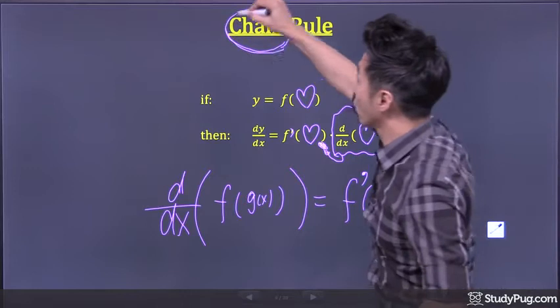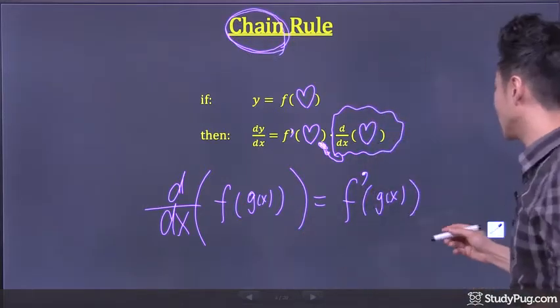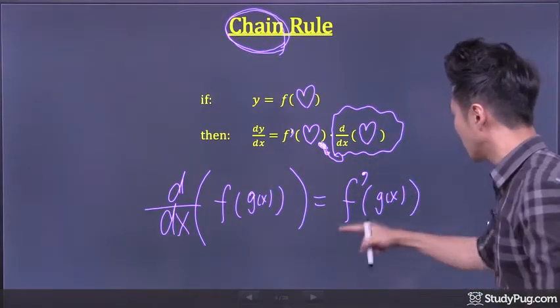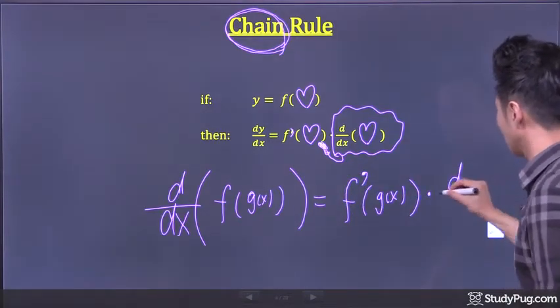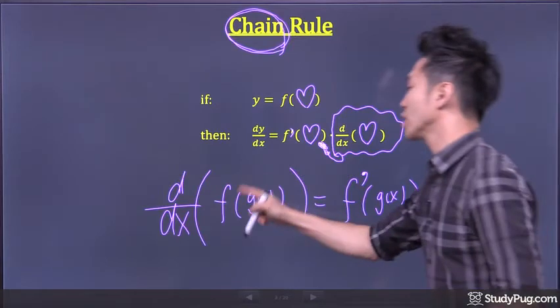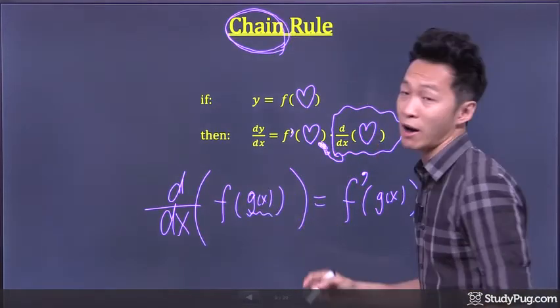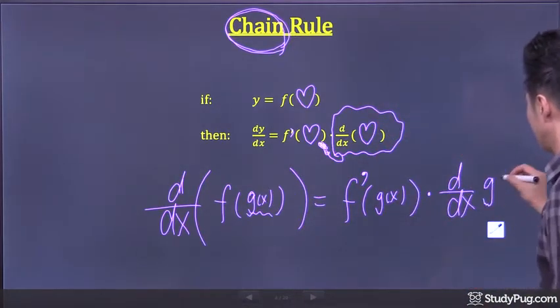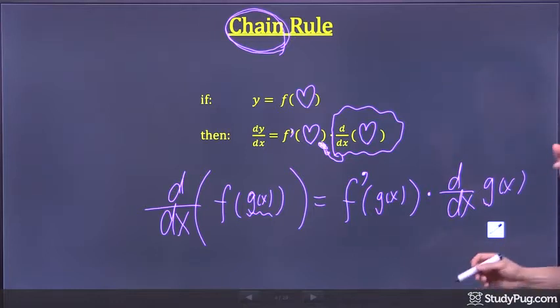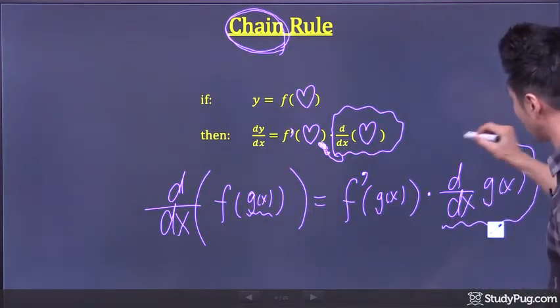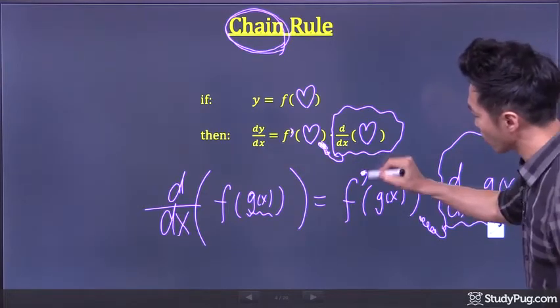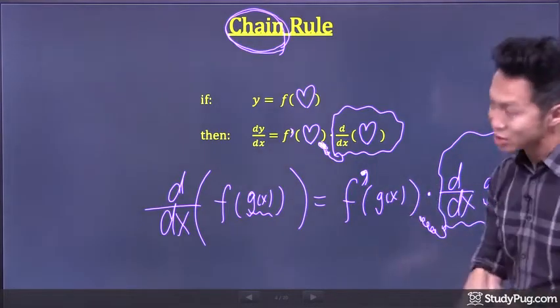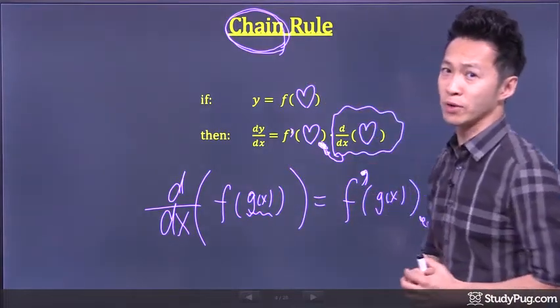Why do we call it the chain rule? Because we always have this expression followed by this little part, the derivative of whatever is inside the function, in this case g of x. Remember, we always need to have this little part chained to the derivative of the function. That's why we call it the chain rule.